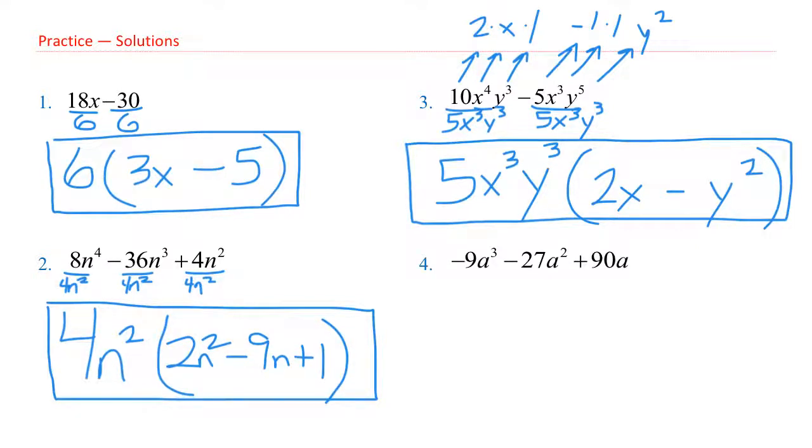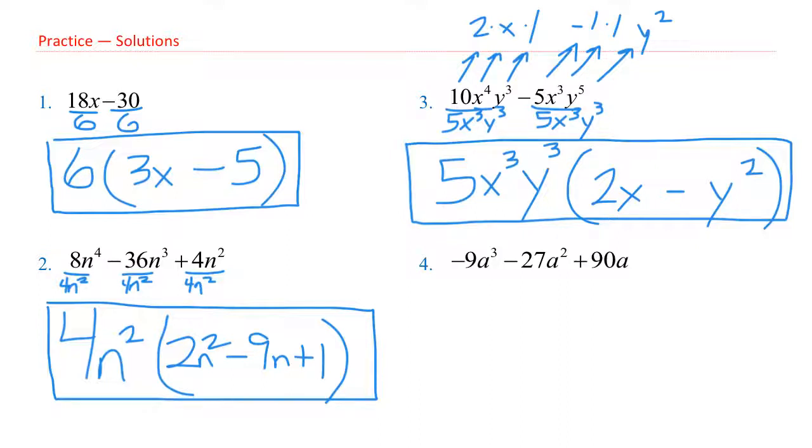Our final polynomial is negative 9a to the third minus 27a squared plus 90a. And just notice the first term in this polynomial is negative, so we should keep that in mind as we factor out the GCF. Our first step is to determine the GCF and write it down. So let's look at the numerical coefficients.